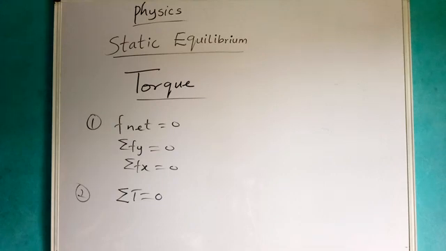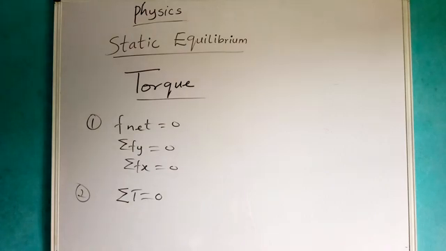Torque is calculated by multiplying force and distance. It is a vector quantity, meaning it has both direction and magnitude. Please don't forget I said that torque is simply calculated by multiplying the force and the distance.